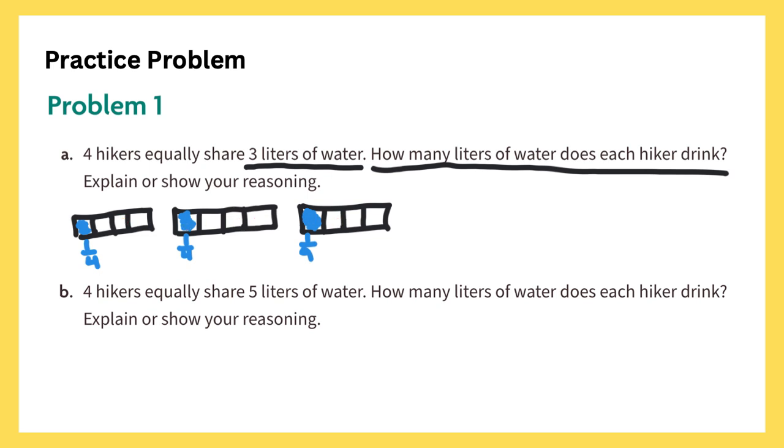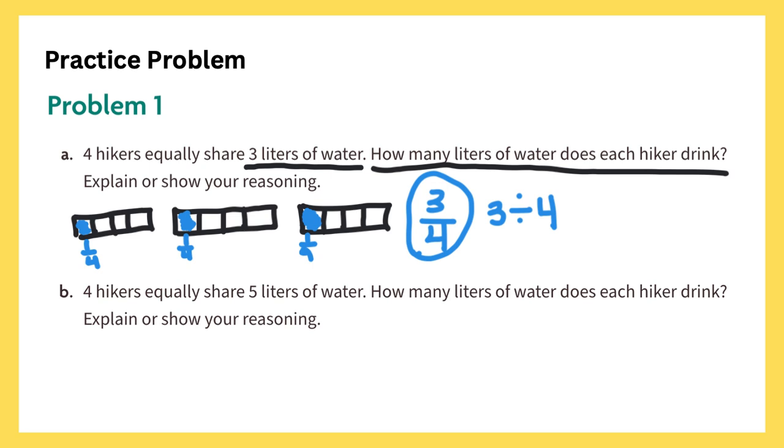So if we had to write that out, we would say that each hiker would receive 3/4, and we know that we can write that as a division expression as 3, as in the 3 liters of water, divided or shared equally between 4 hikers. So the answer would be each hiker gets 3/4 of a liter of water.